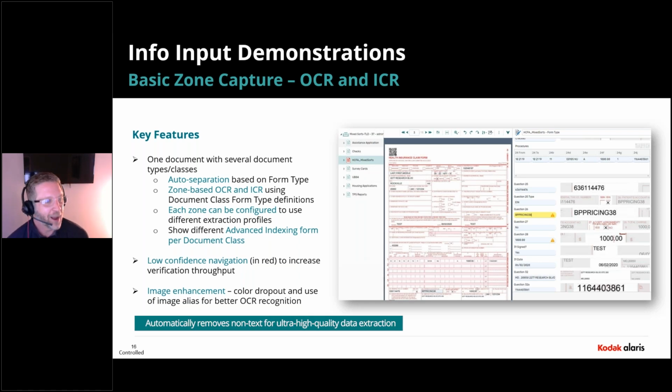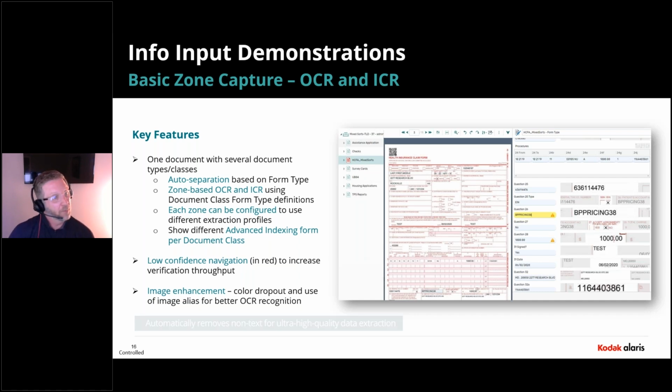We're able to extract with higher confidence because there's more white space around the value. We use what we call an image alias during processing, and at the end, we can put the HCFA form back, so you get the red just like it looked when you scanned it.